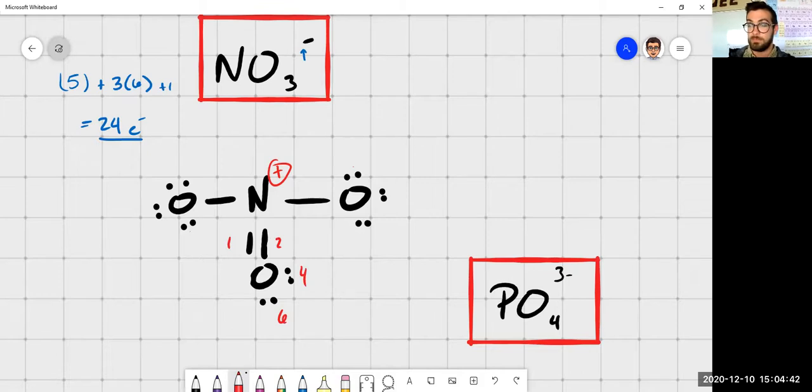Because remember, for the sake of charge, electrons in a bond, you only count 1 of them when we're talking charge. So that means that oxygen has no charge here, but you look at these oxygens and they each have 7 because 1, 3, 5, 7, right? So there's each 7 there, which means they have 1 more than they normally do in their valence shell, which is normally 6.